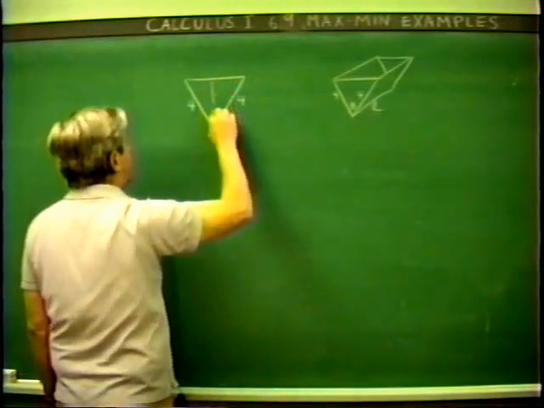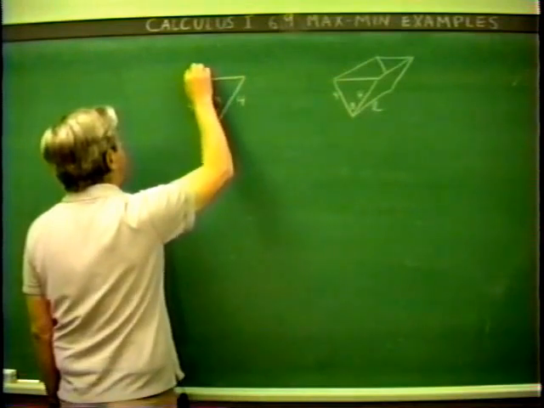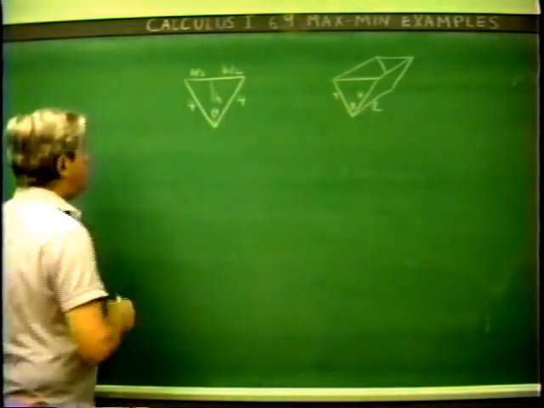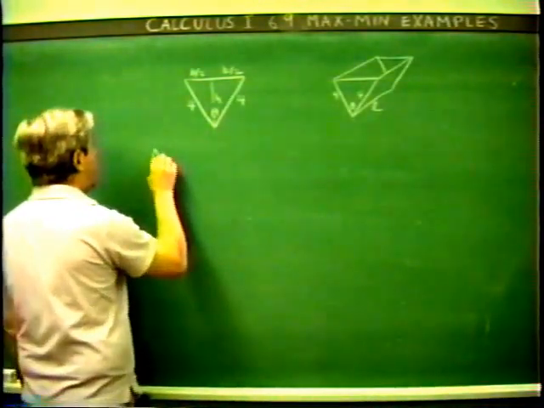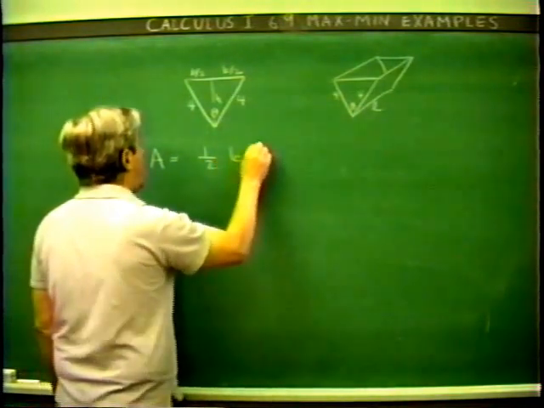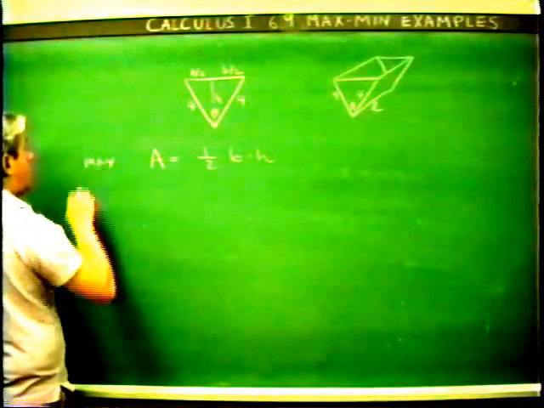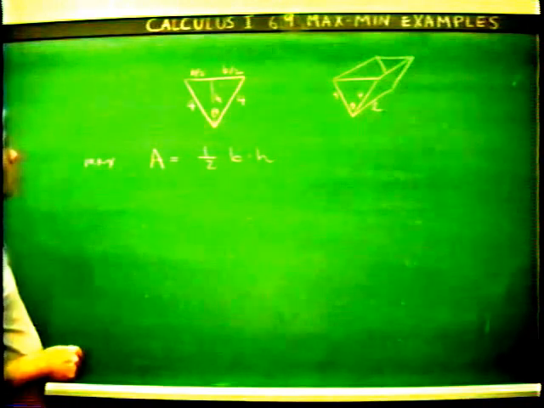Well, if this is the base B of the triangle, then let's draw this like so, and this is the height h, and this is B over 2, and B over 2 here. And then what we know is that the area of the triangle is equal to 1/2 the base times the height. And this is what we want to maximize.